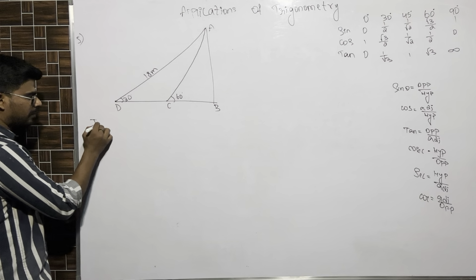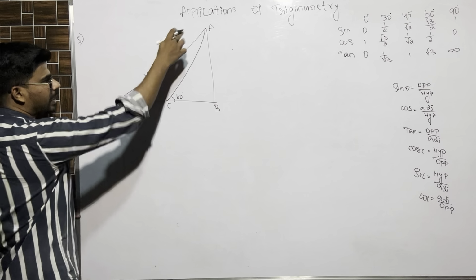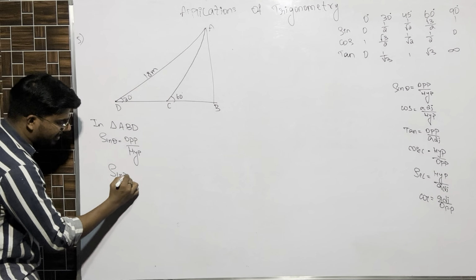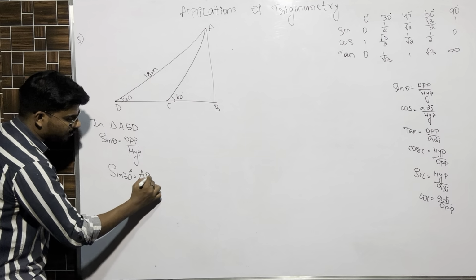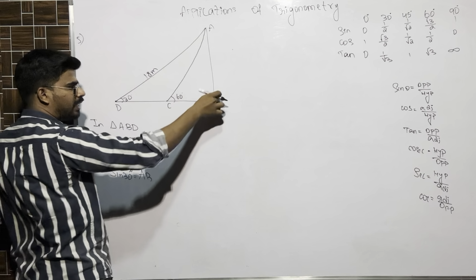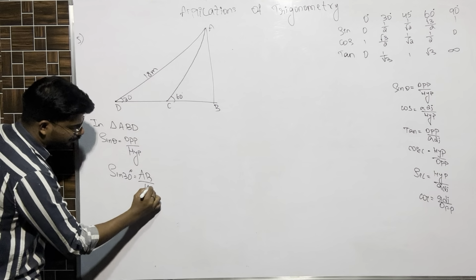In triangle ABD, sin theta we can apply. Sin theta is equal to opposite by hypotenuse. Theta, how much is theta? 30. Sin 30 is equal to opposite AB, opposite with respect to 30 degree, by hypotenuse 18.